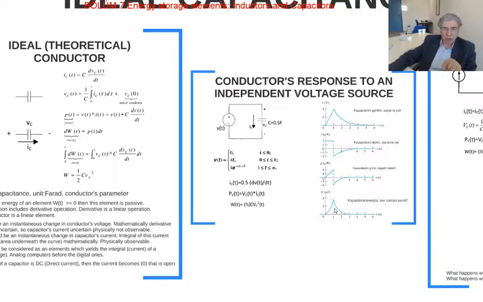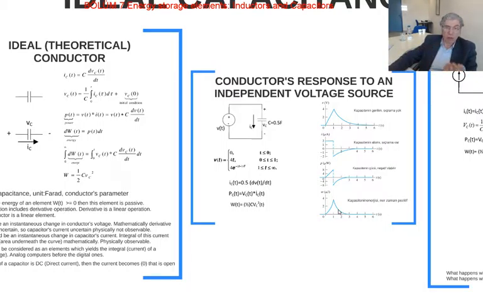It becomes negative if this negative area is bigger than the positive area. When it becomes negative, then it is an active element rather than a passive element. So in this case, it is a passive element.